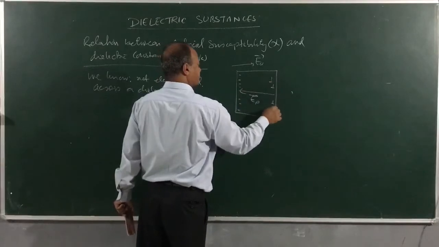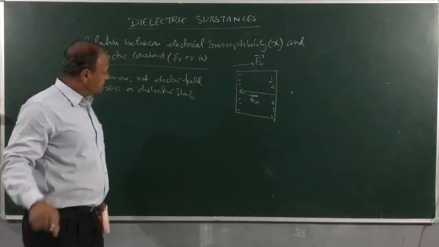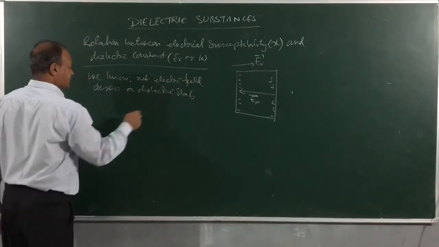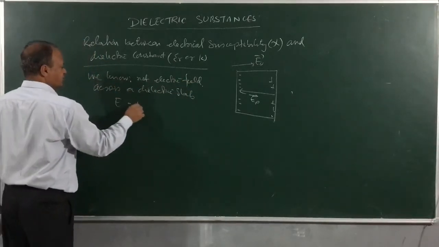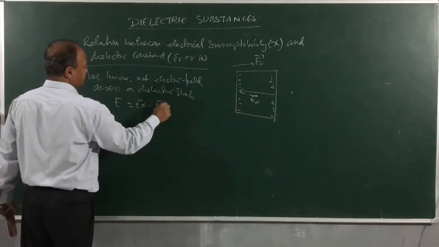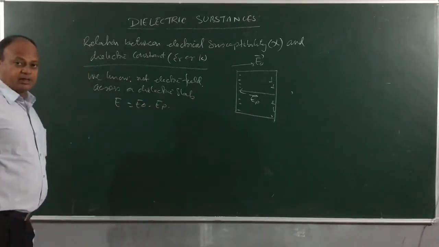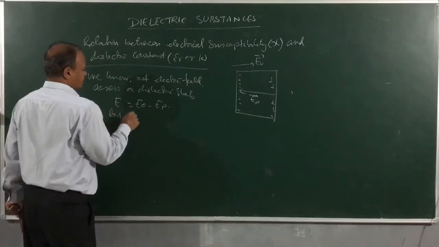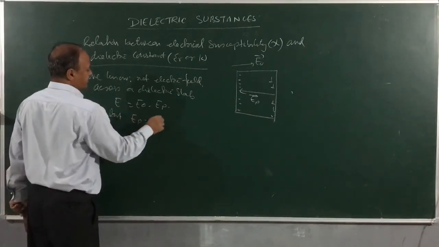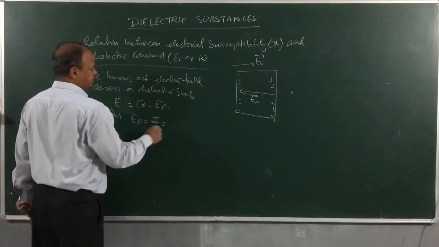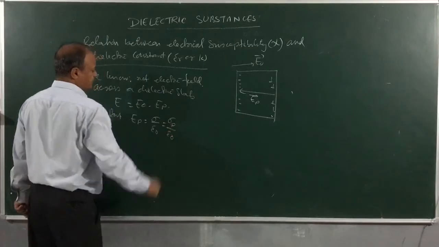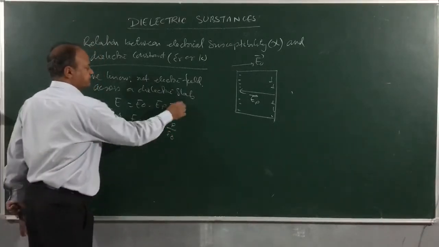This is positive. We already discussed it. So we know the net electric field across the dielectric slab is equal to E naught minus EP. Clear? And you know that electric field due to a sheet is sigma upon epsilon naught. So it will be sigma P divided by epsilon naught. Okay?